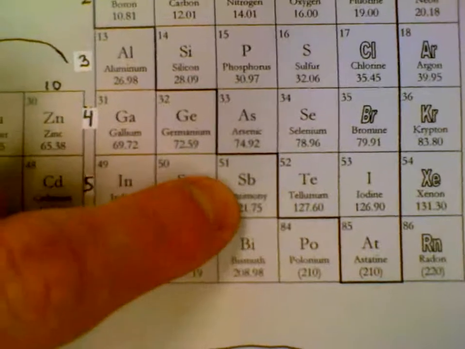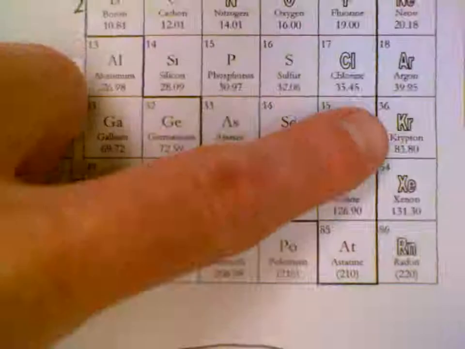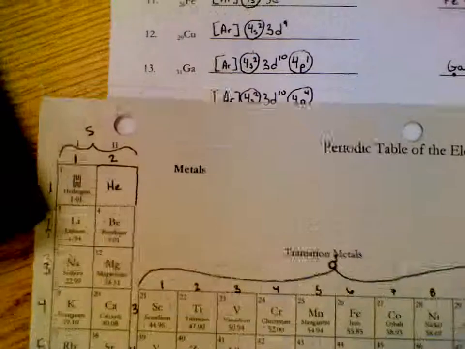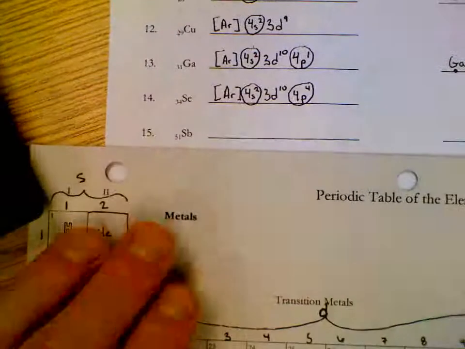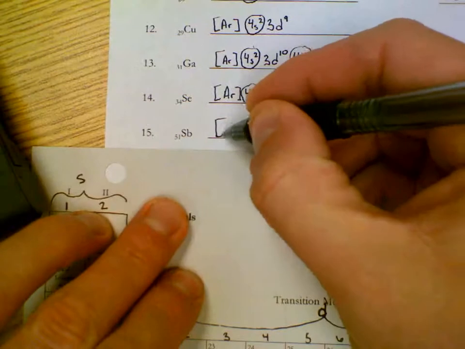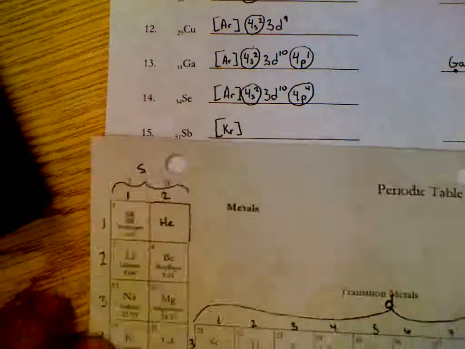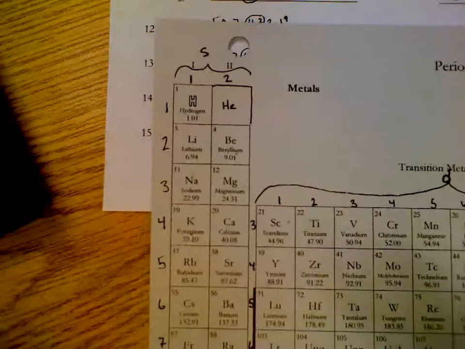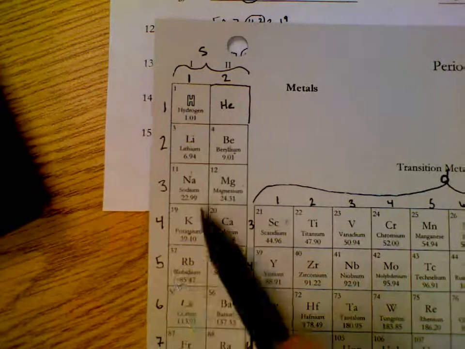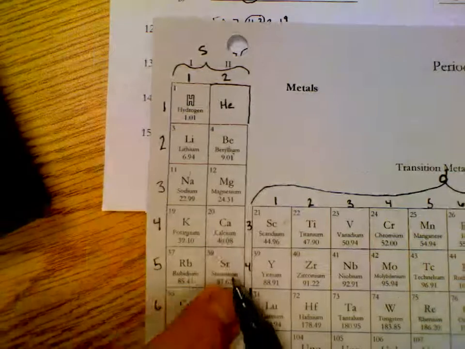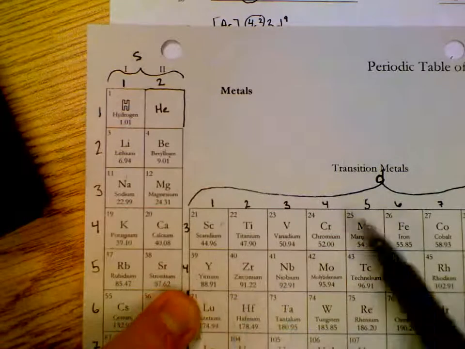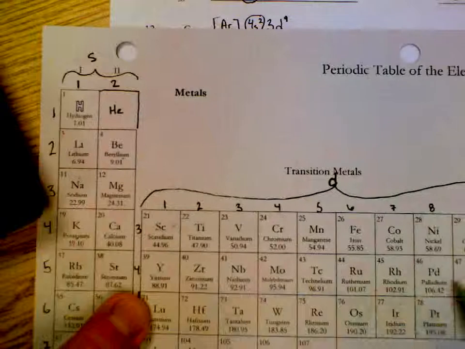Lastly, antimony. Antimony is right here. So if we choose a noble gas upper row to the end, choose krypton. So we will write down krypton. For krypton's box, we come back to the left, and now it says 5s2 followed by 4d, 1 through 10.